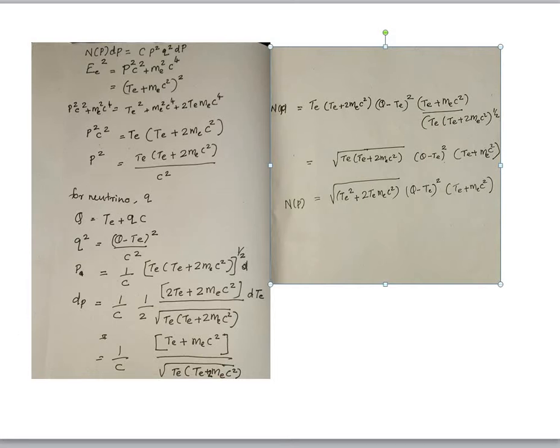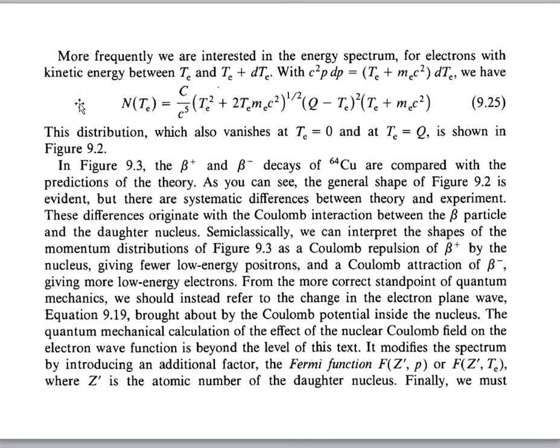When we substitute this in the expression, c⁵ is there, and all of these are constants. N(E) dT can be written as a constant times (T² + 2T m_e c²) raised to 1 by 2 into (Q − T)² into (T + m_e c²). So that is the expression.